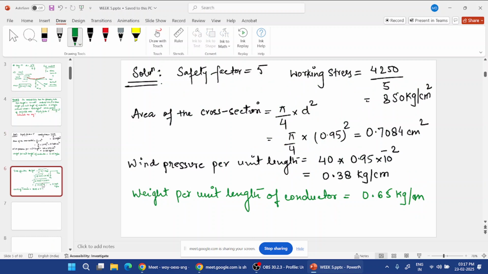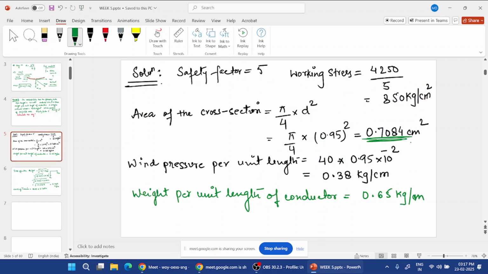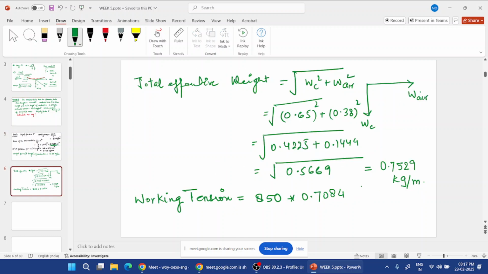Okay, 0.7084, this is the area we are going to take. Let me calculate it. So 850 into 0.7084 comes out to be 602.14 kilogram.